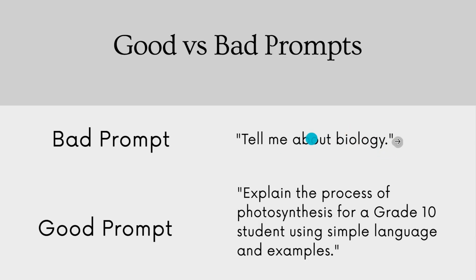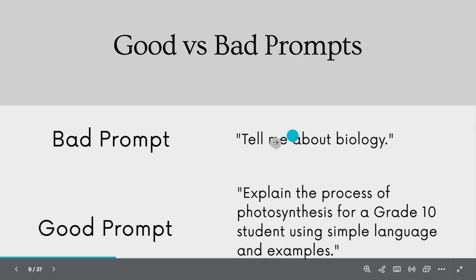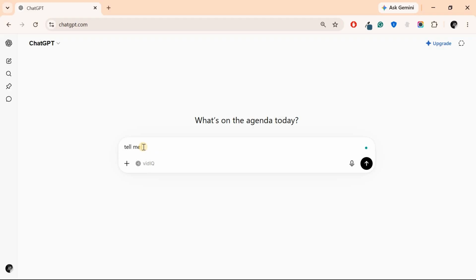When you tell ChatGPT, tell me about biology, this is an example of a very bad prompt. Let us try that. It's a bad prompt. However, it will still give you results, but it's not going to be as perfect as if you write a good prompt. So we just type, tell me about biology.